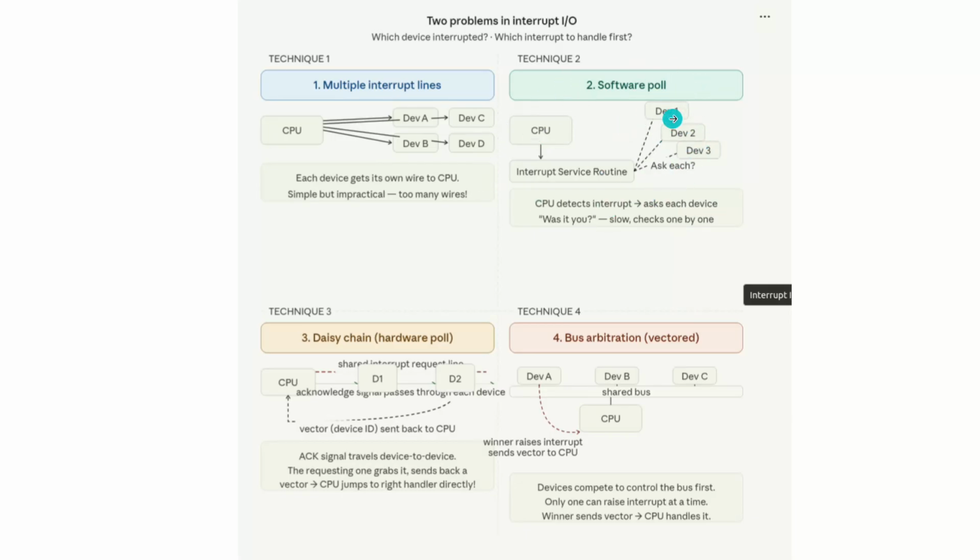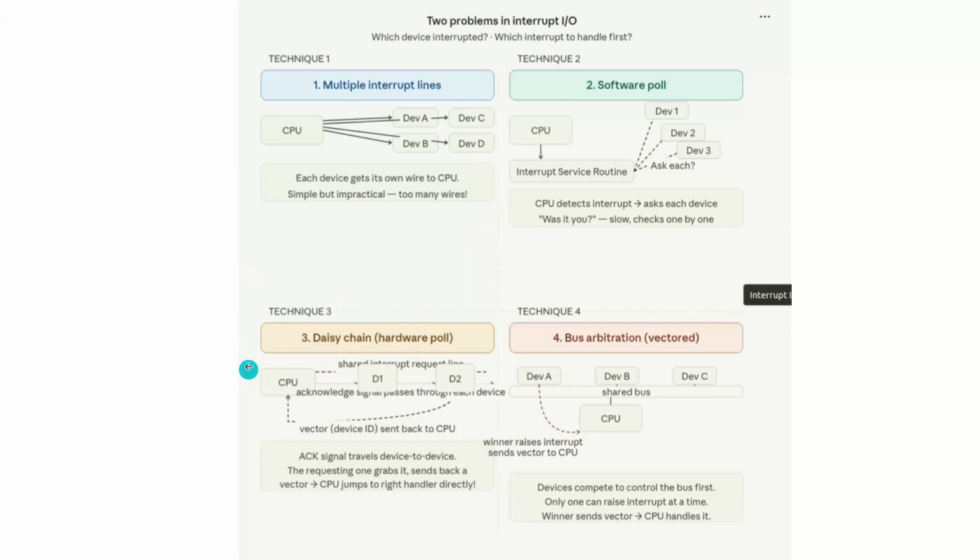If device 1 or device 2 gives the interrupt, in the interrupt service routine the CPU asks each device which one has given the interrupt, which is actually a very slow process.